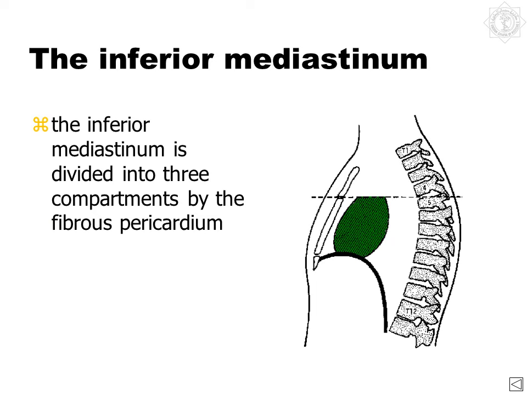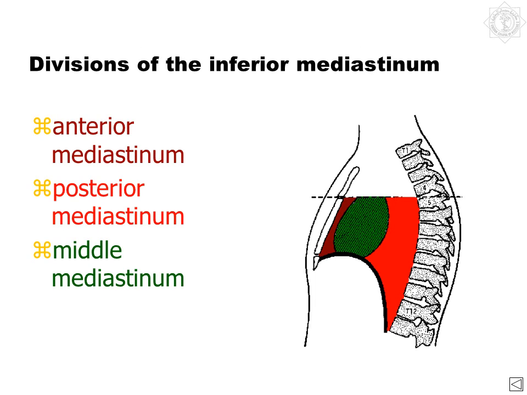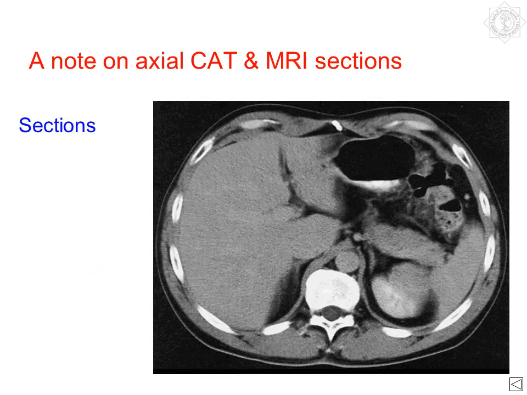So it can be divided into three compartments: the fibrous pericardium in the middle, the posterior mediastinum, the red one posteriorly, the middle, the green, and the anterior mediastinum. The anterior mediastinum lies between the sternum and the pericardium.